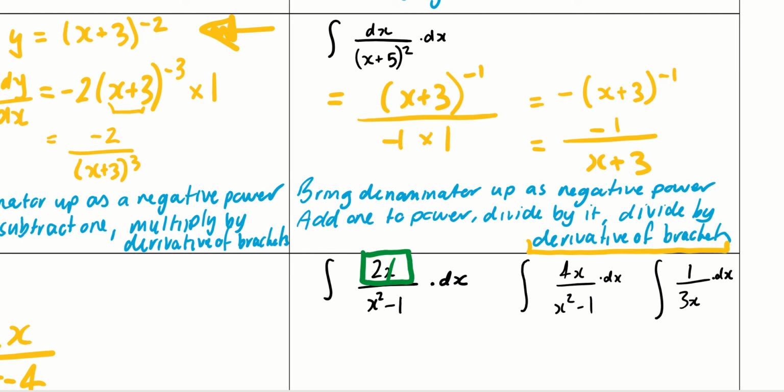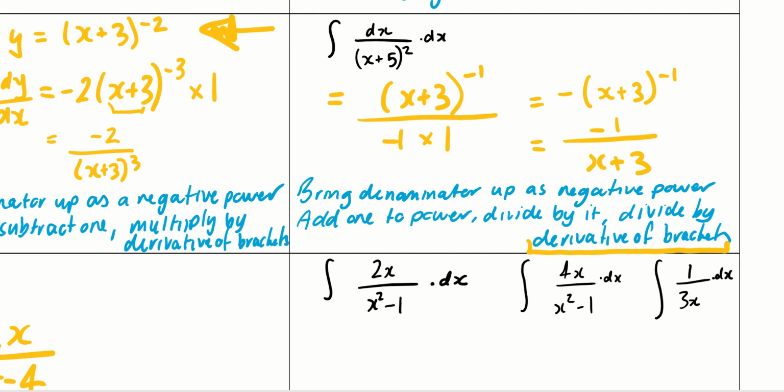You go to do a chain rule integration. You bring the power up as a negative and you add 1 to it. When you add 1 to it, if you get 0, it's a log every time. Otherwise, if there is an x on the top and an x on the bottom, it's also a log. So maybe make a note of that.